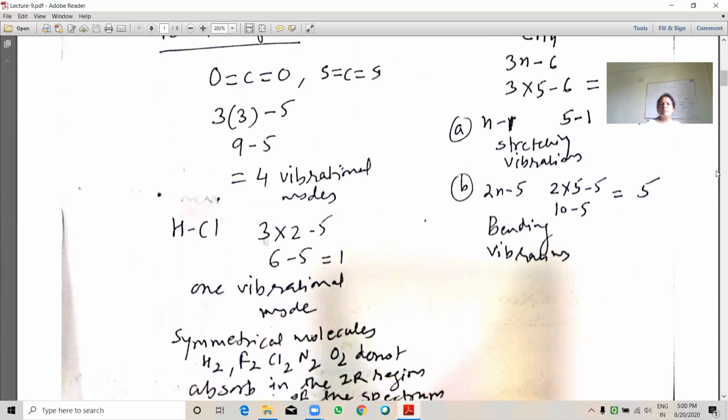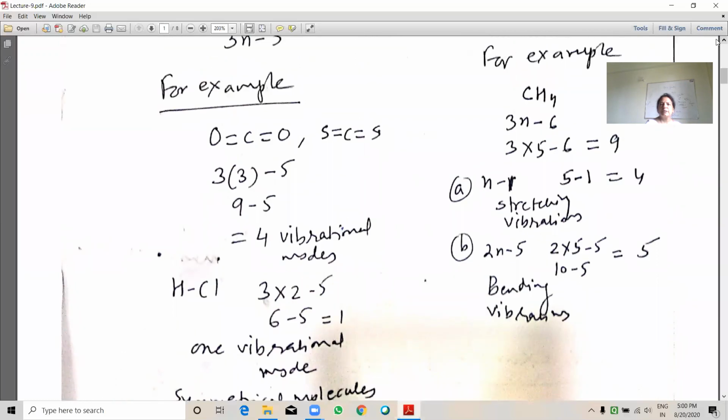For non-linear molecules, for example methane, CH4, the total number of atoms is 5. So 3 multiplied by 5 minus 6 equals 9. Here, N minus 1 stretching vibrations means 5 minus 1 is equal to 4. So 4 are stretching vibrations, whereas 2N minus 5, 10 minus 5 equals 5.